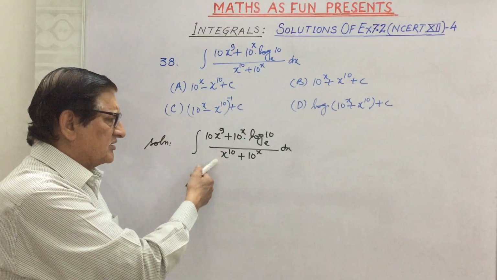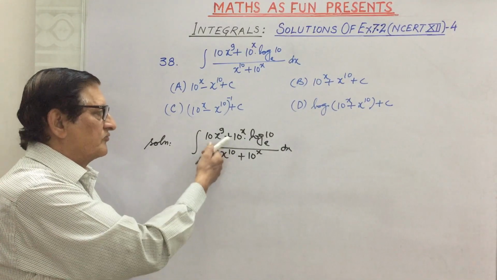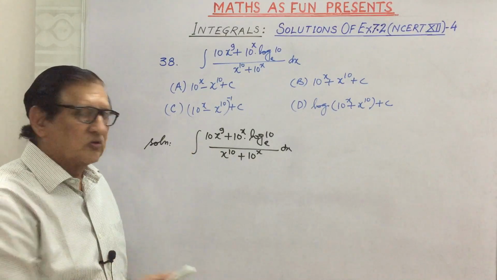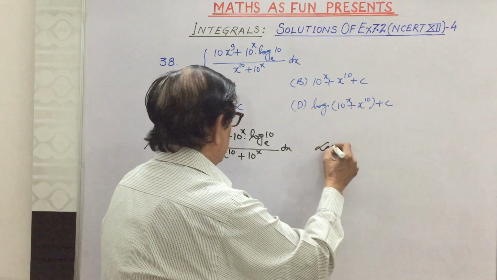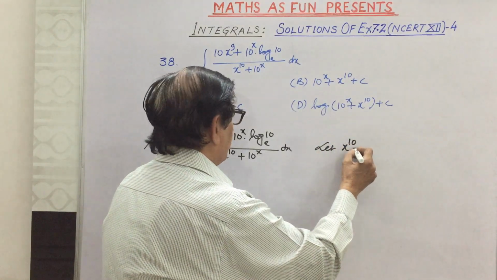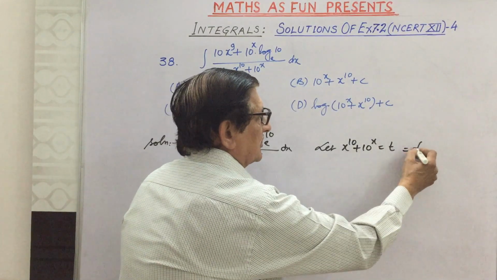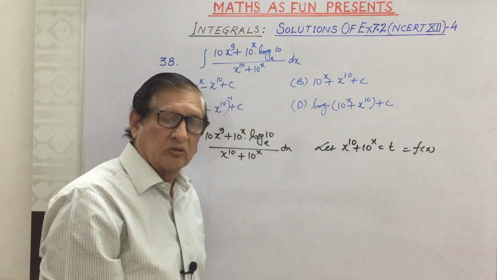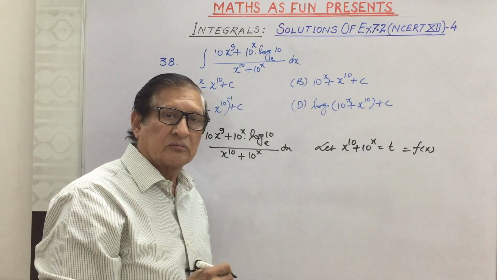We can see very easily that if we take this particular function as t, the derivative of this is available here. So we write here, let x^10 plus 10^x equal t, or we can also take it as f(x). As I told you, we can also use the formula f dash x upon f(x).